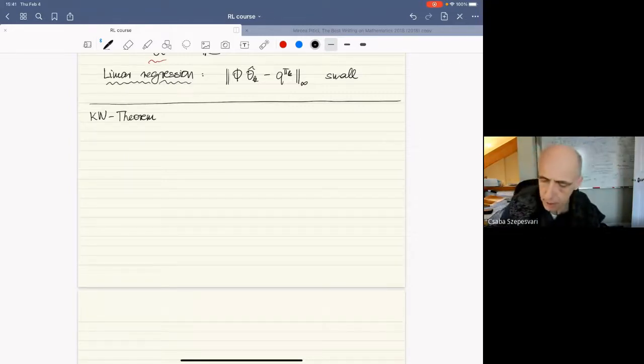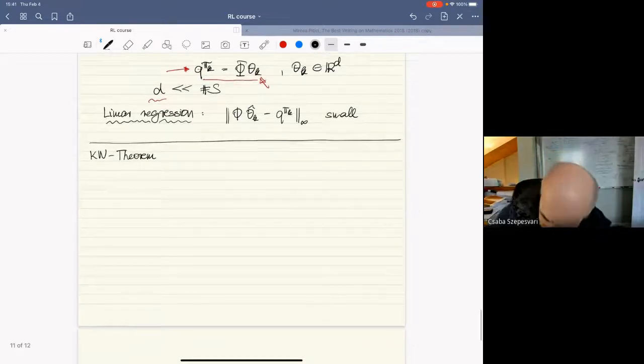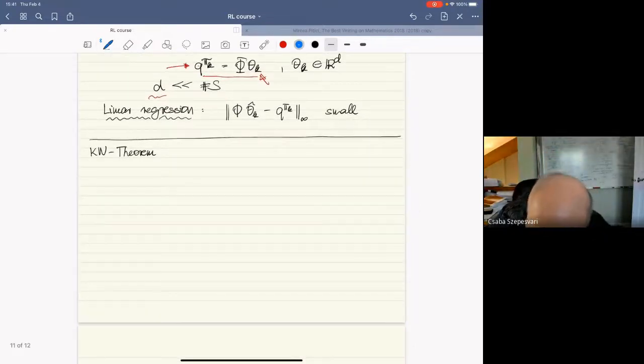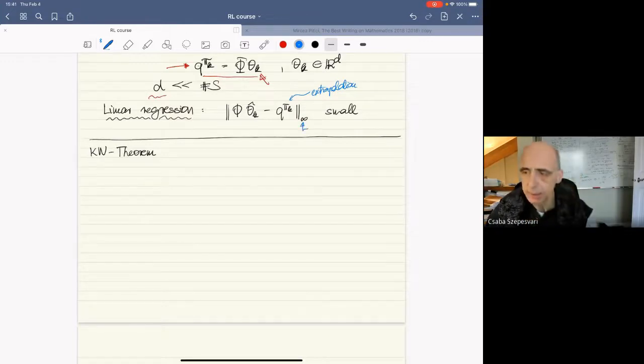We talked about this extrapolation error here. I call this extrapolation because notice that this maximum norm is over all possible state action pairs.